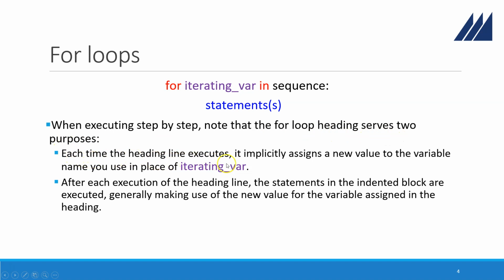Each time the header executes, it gives an implicit value, which is an item from my list, to the variable that I have. And next, for each execution of the heading line, the statements of the body of the for loop are going to be executed. Usually we actually utilize the value of the variable inside this body of the for loop.